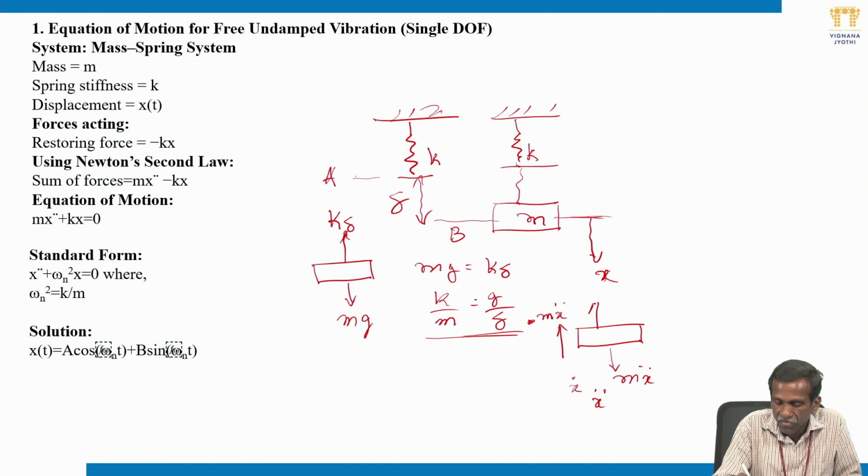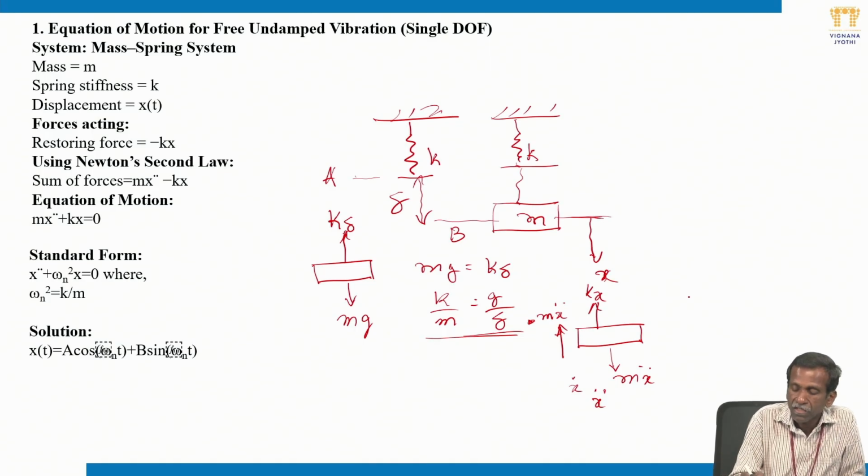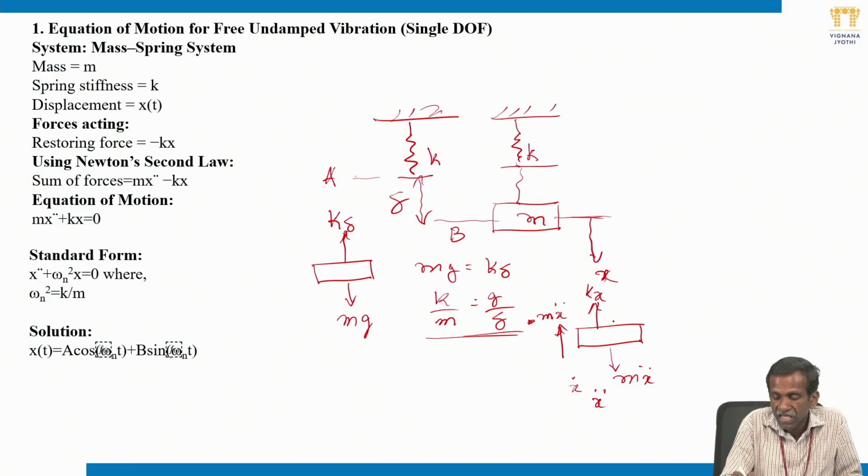Then what are the other forces? The restoring force or reaction on the mass is kx, since x displacement is given. This is the inertia force. Based on D'Alembert's principle, the inertia forces and the external forces or reactions on the body must have an algebraic sum of 0.